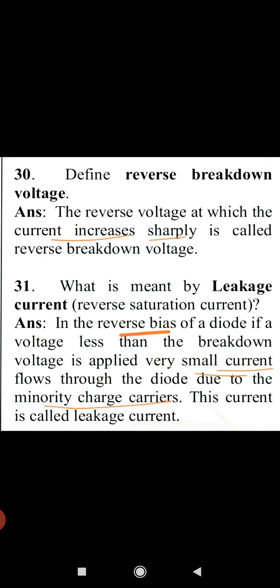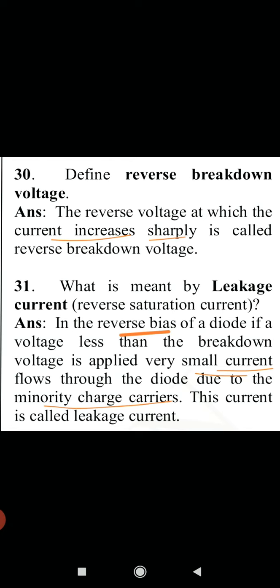Next, we are going to learn two important characteristics of reverse biasing. The first one is reverse breakdown voltage. What is reverse breakdown voltage? From the word itself you can define it. Reverse breakdown voltage is the voltage at which the current increases sharply.